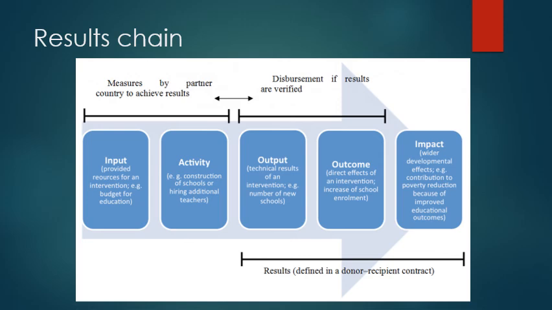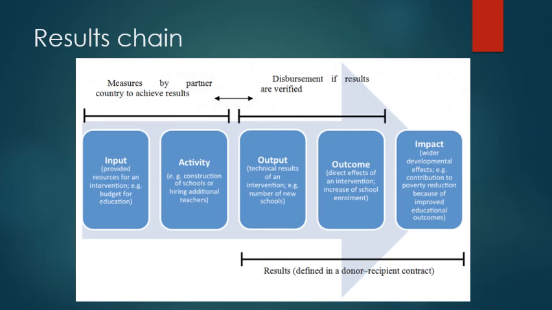I just wanted to put this up, which is associated with that, which tracks results change. So you've got inputs that go into it, resources. You have activities that happen, and this is a development context, so you might construct schools or hire additional teachers. An output: we built so many toilets.